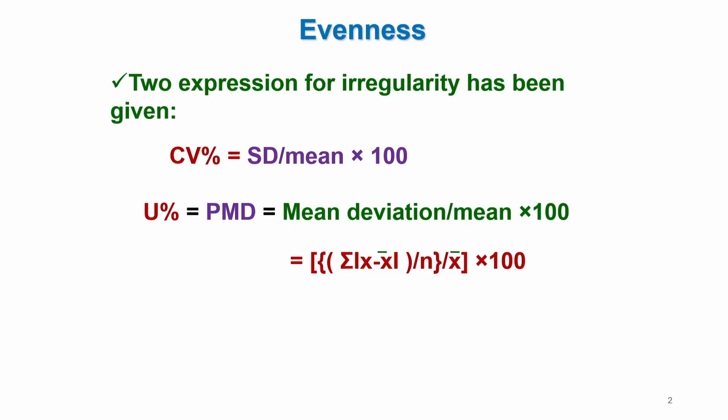So U% is the sum of deviations from the mean divided by the n number of readings.